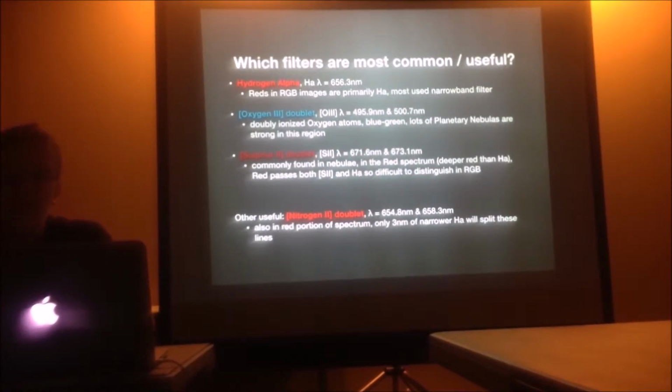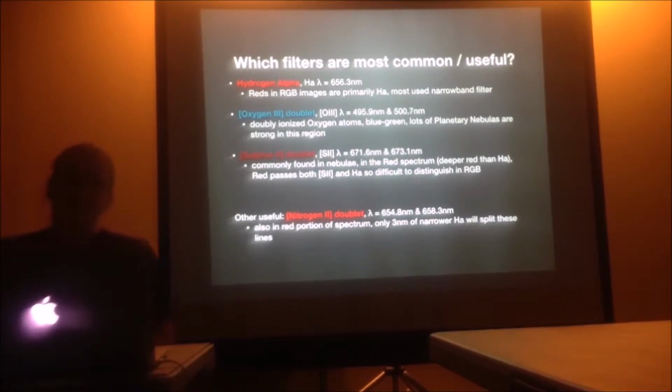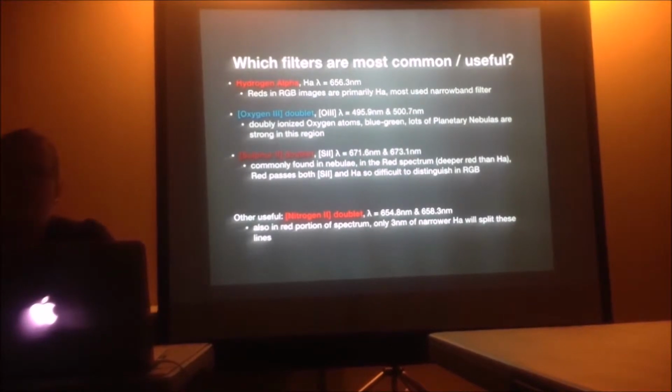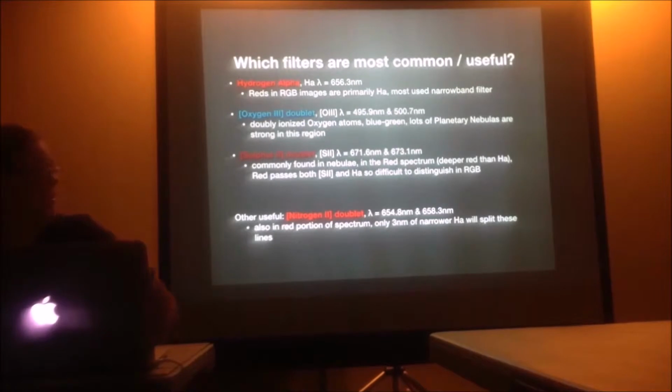So if you have a 3 nanometer hydrogen alpha, that is the only way to split the nitrogen off of there, which some people do use the nitrogen filter as well, which is why it's on here. But the 3 most common ones are the hydrogen alpha, the oxygen doublet and the sulfur doublet, which you can see there are various wavelengths here.